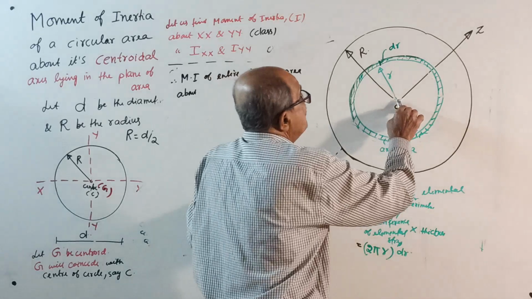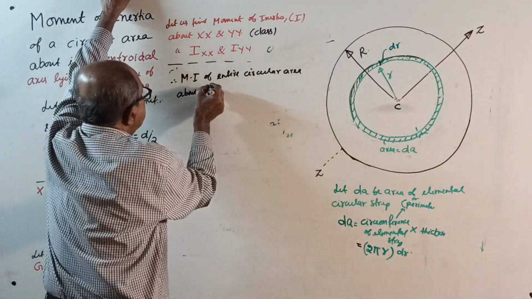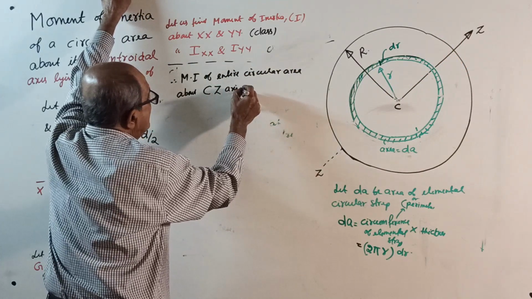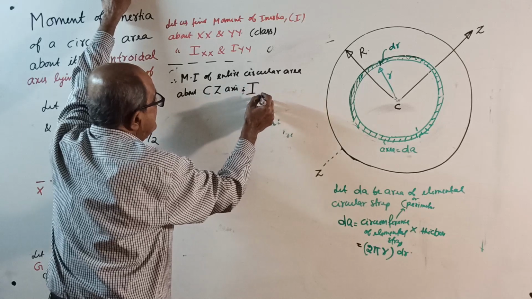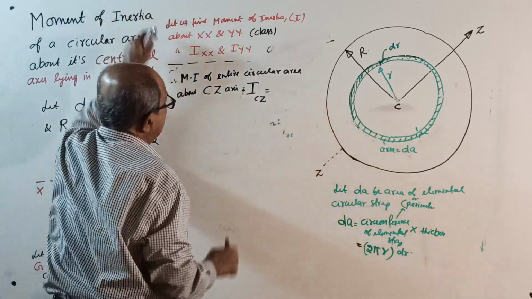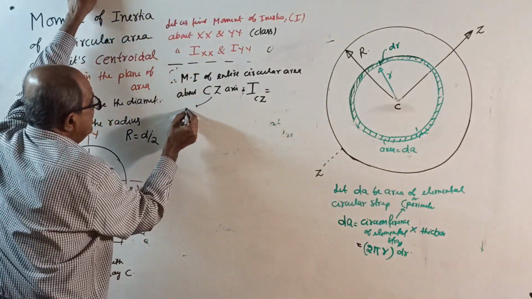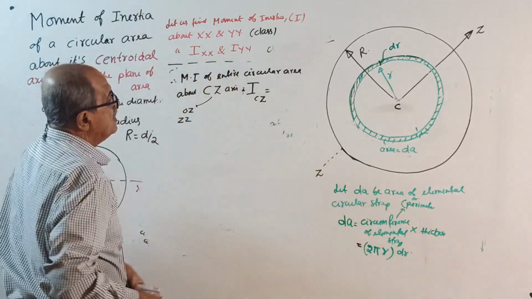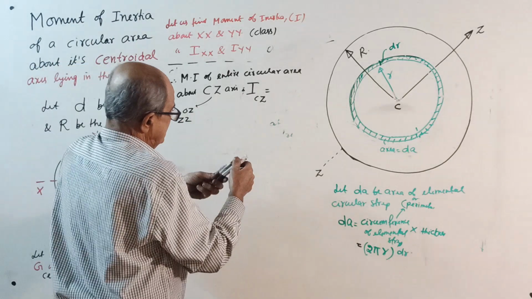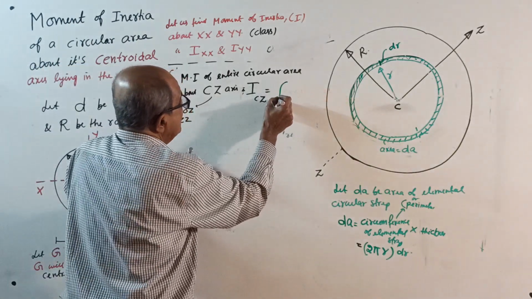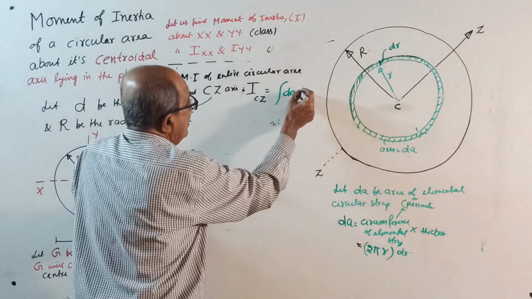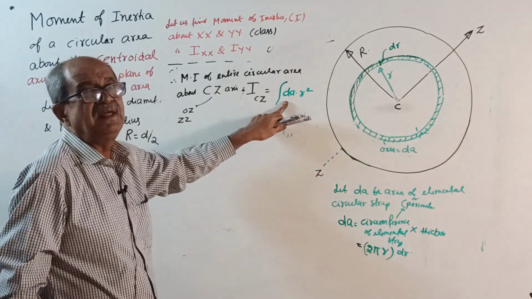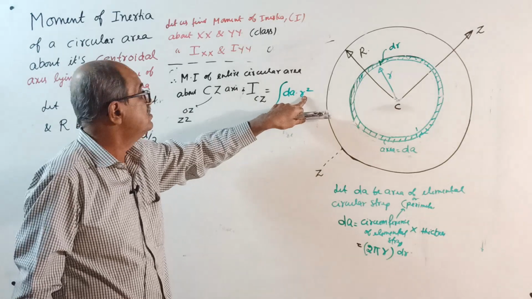We took r from the Z axis, so about the Z axis, that is I_CZ, or OZ or ZZ, whatever you want to call it, equals integration of dA into r square. Why? Basic mathematics: integration of elemental area into variable r square.